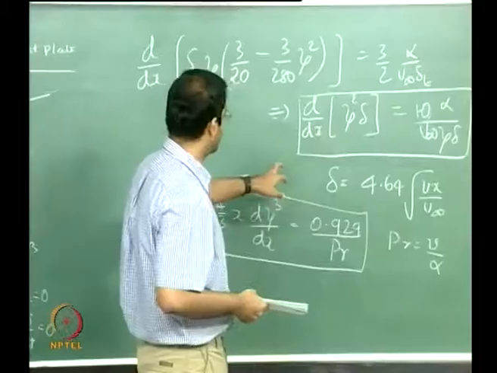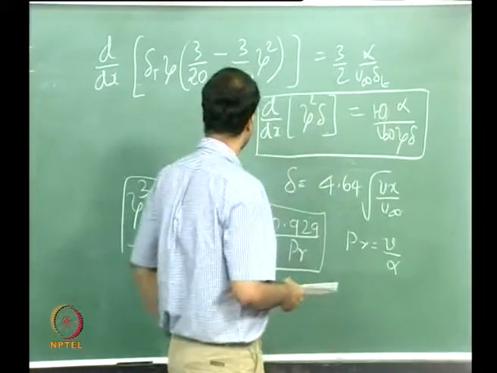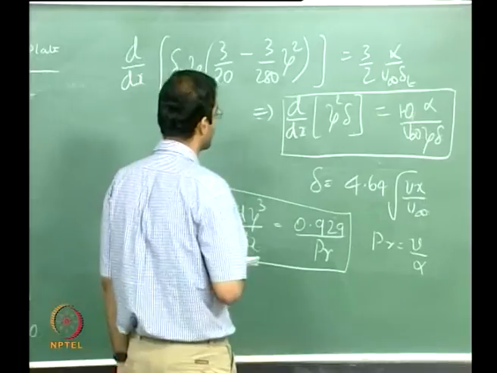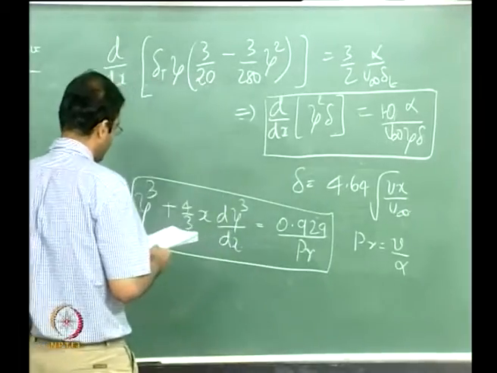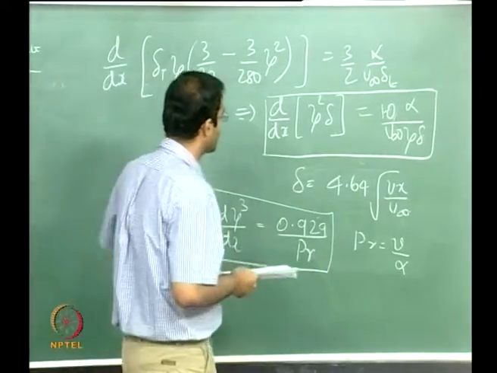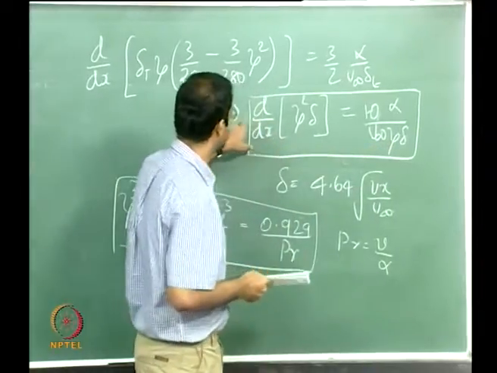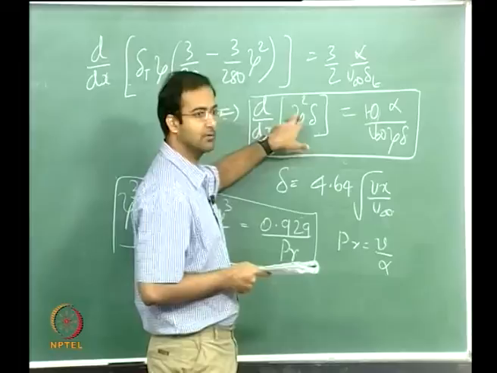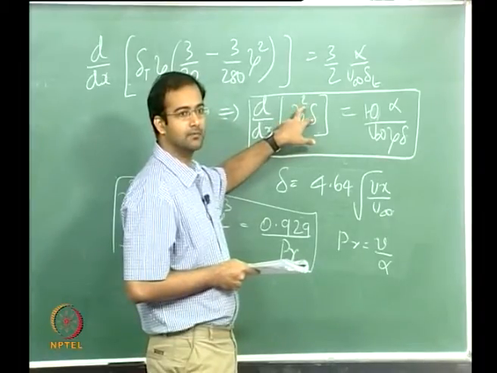I am just expanding this particular term right here. I am taking this delta and saying this as 1 by 3 into d by dx of delta cube.